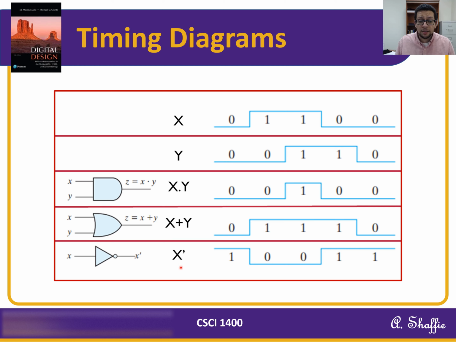The same for x dash: the value of x here is 1, so x dash should be 0. Once I change the value of x, the value of x dash starts to change, and keeps going for the whole input. Again, you have to cover all the different combinations of the input if you represent the function or the circuit as a timing diagram.